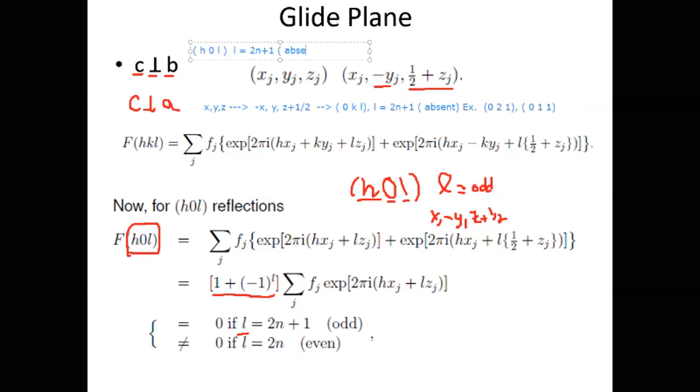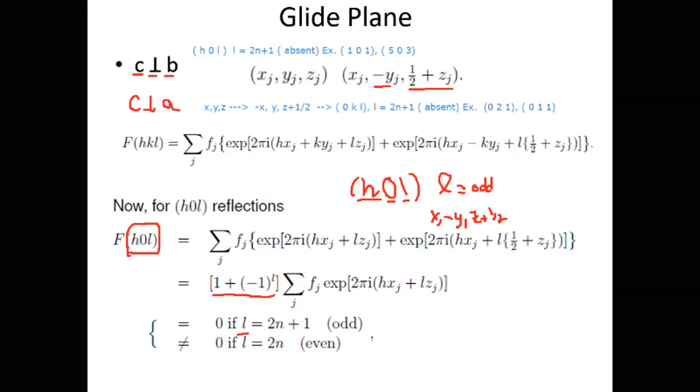If I can spell absent right. Let's see, absent. So for example, these could be the 1, 0, 1, because their L is odd, or the 5, 0, 3, L is odd. So all of these would be systematically absent.